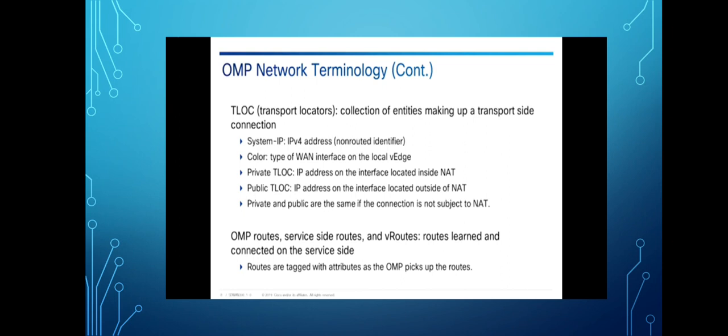TLOC has its attributes. It works on its own attributes, which are nothing but system IP, color, private TLOC, public TLOC. So the transport locator is nothing but the collection of entities making up a transport side connection. OMP routes are tagged with attributes as the OMP picks up the routes.